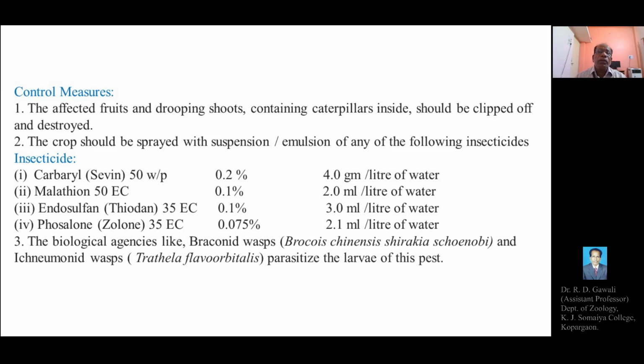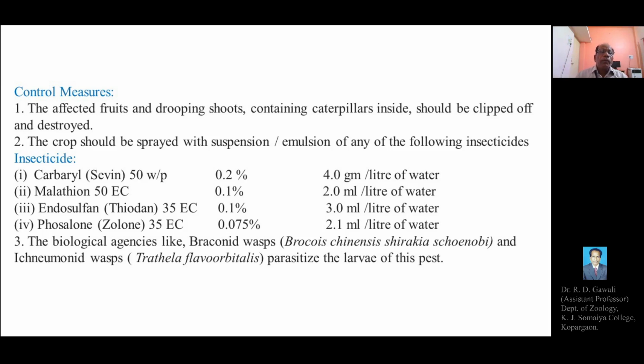Then malathion 50 effective concentration, and it is used at 0.1%. So to make a 0.1% emulsion, 2 ml of malathion is mixed or dissolved with 1 liter of water.